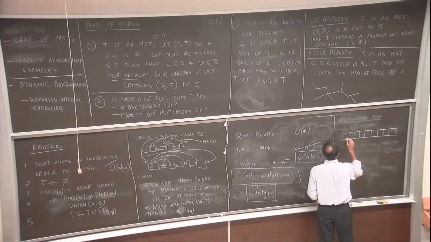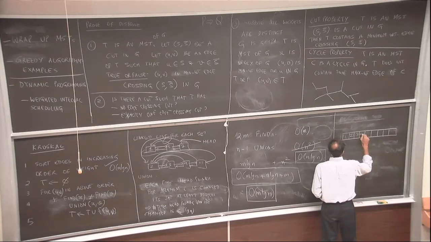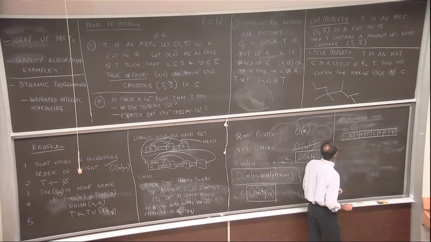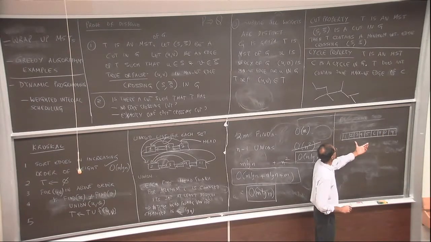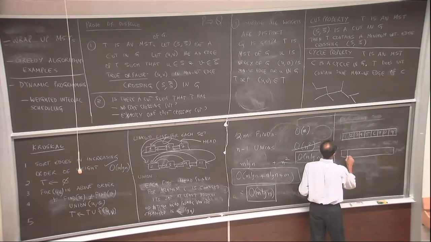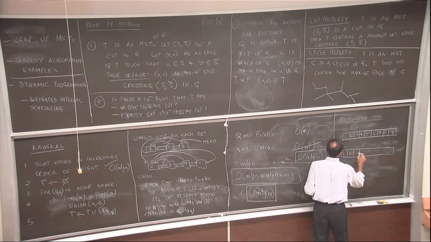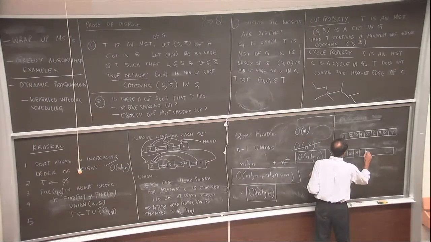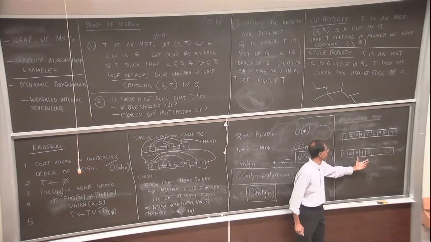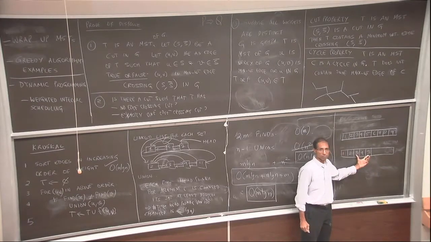So initially they're all in their own sets: 1, 2, 3, 4, 5, 6, 7, 8, 9. Let's say you merge 3 and 5. Then you want to change that, so you're merging 3 and 5, so you change both of them to say 3. Okay.